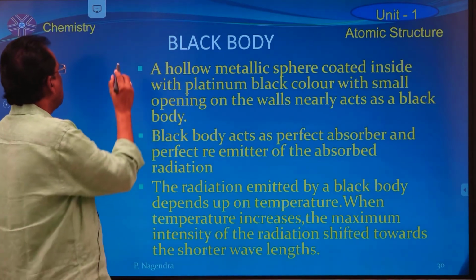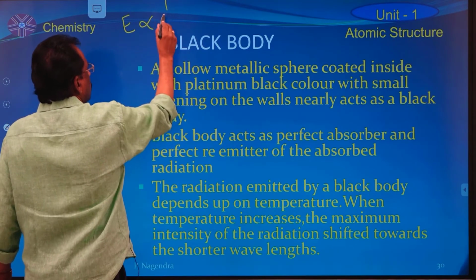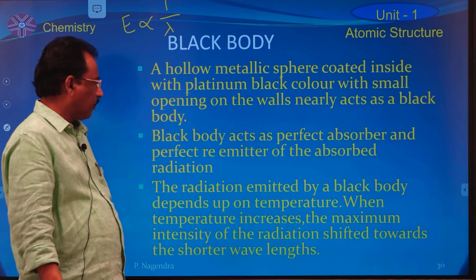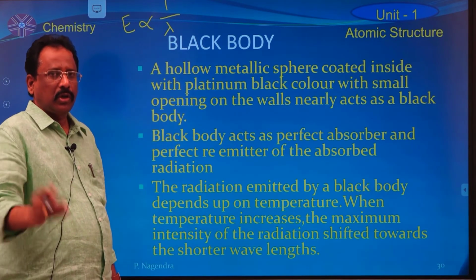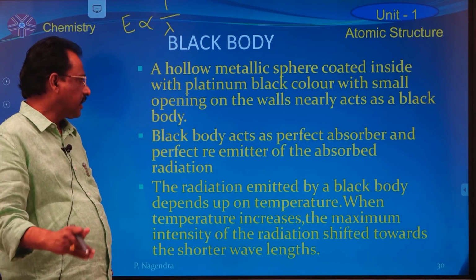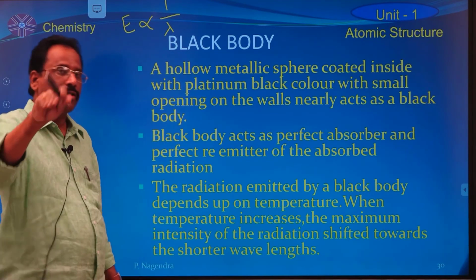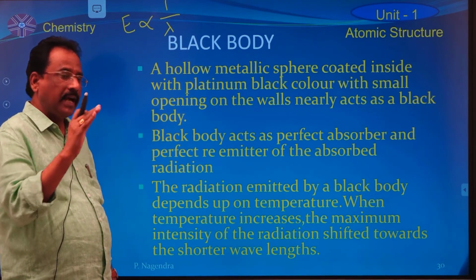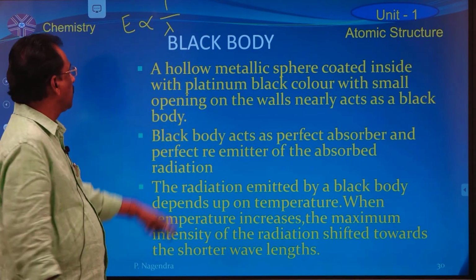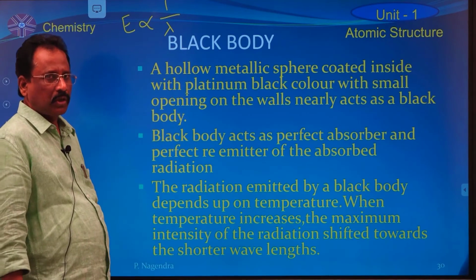That means at shorter wavelengths, the energy of the radiation is more.